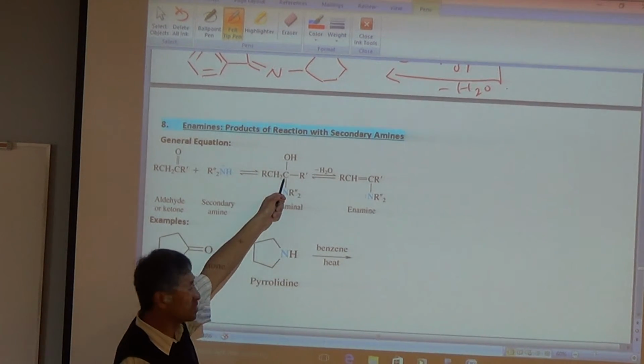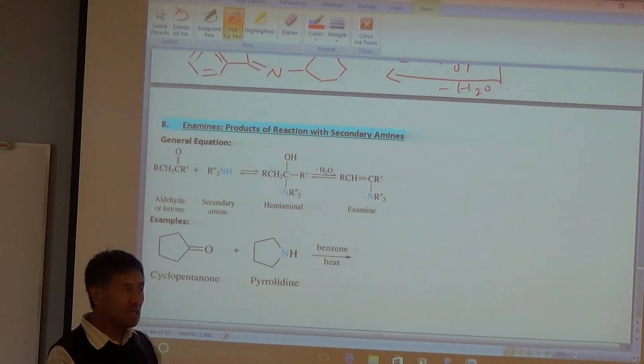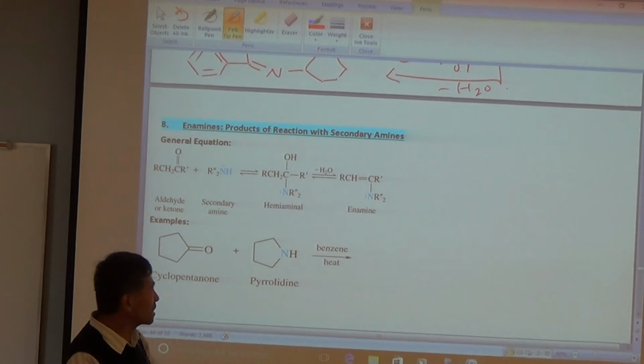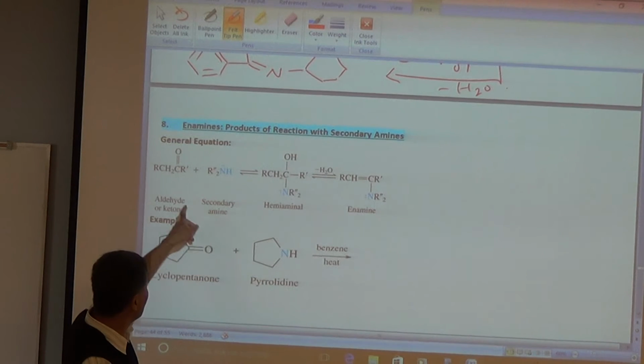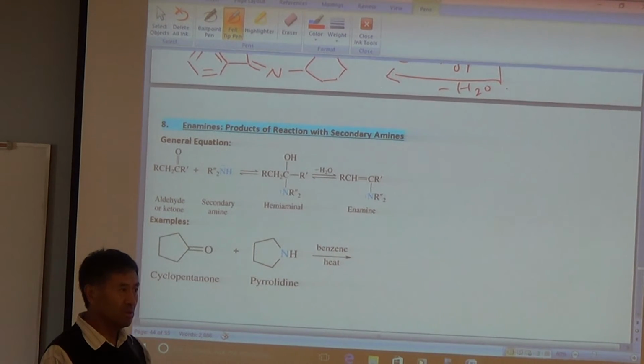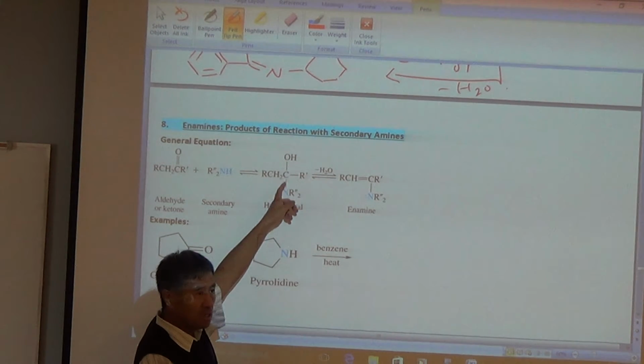This carbon is kind of already stabilized with only one N. If you want to stabilize this carbon with oxygen, you need 2 of those alcohols, which means you have 2 OR here, OR there.